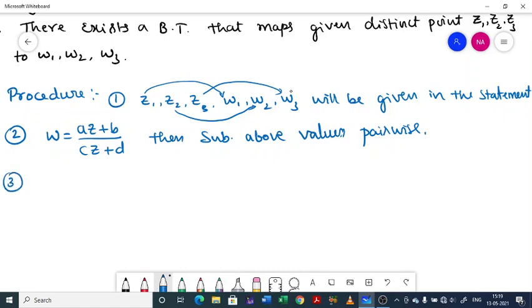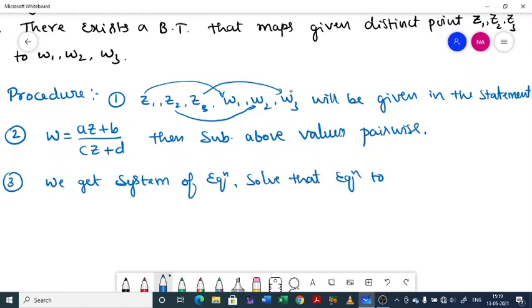Third point, we get a system of equations. Solve those equations to get A, B, C, D. Actually A, B, C in terms of D. It is not necessary to have that in terms of D. You can write in terms of any one parameter.